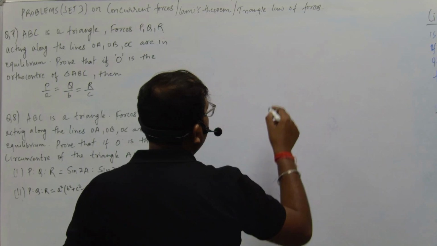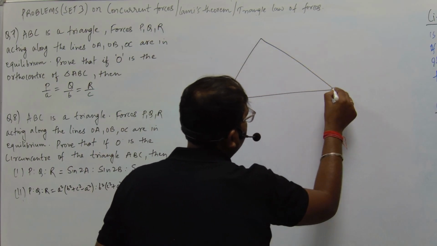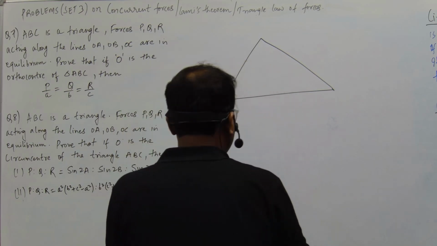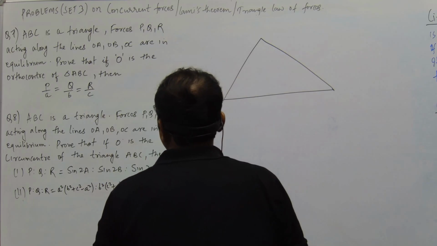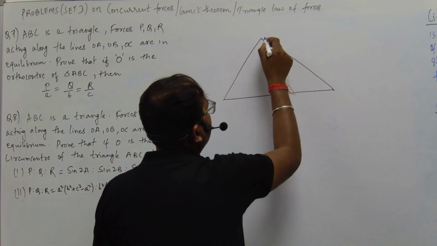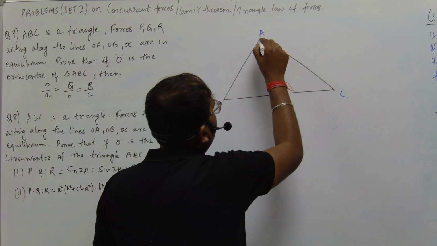We have a triangle ABC, and O is the orthocenter. The orthocenter of a triangle is the point where the triangle's altitudes intersect. Let us name the vertices A, B, and C, and draw the altitudes from the vertices.